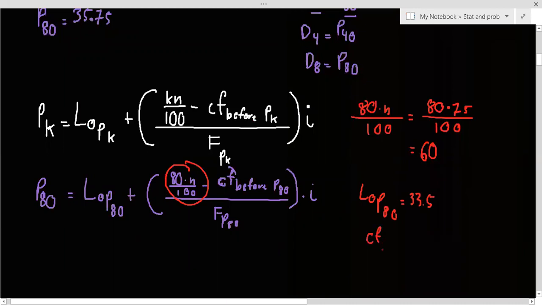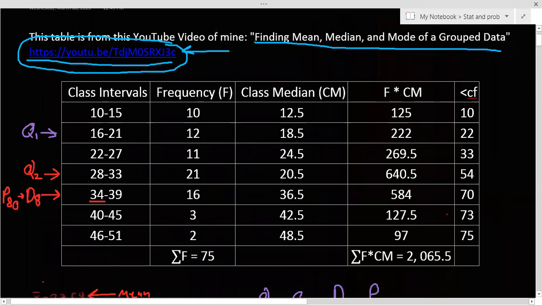Next, the CF before the 80th percentile. Since we chose 70 as the CF for the 80th percentile, what comes before 70? It's 54, right?